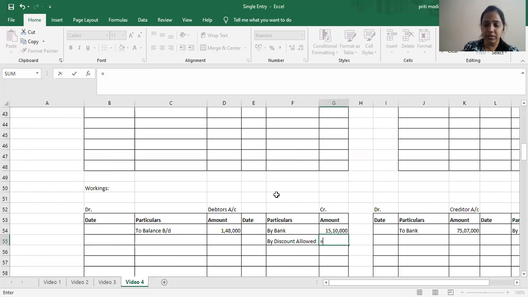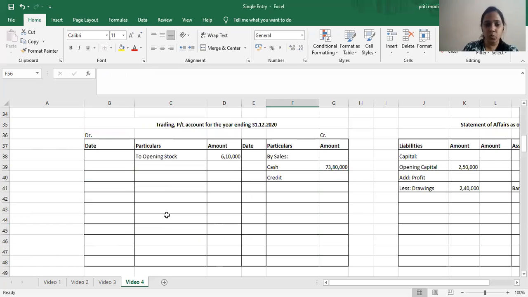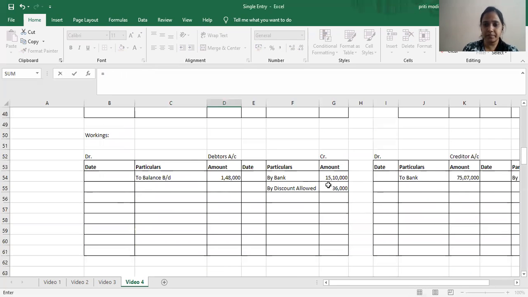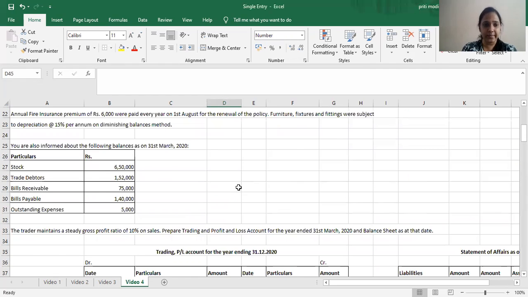And the second aspect of discount allowed will go to our PL account. In the PL account, over here I am writing to discount allowed expense, 36,000. So discount allowed is done 2 times.